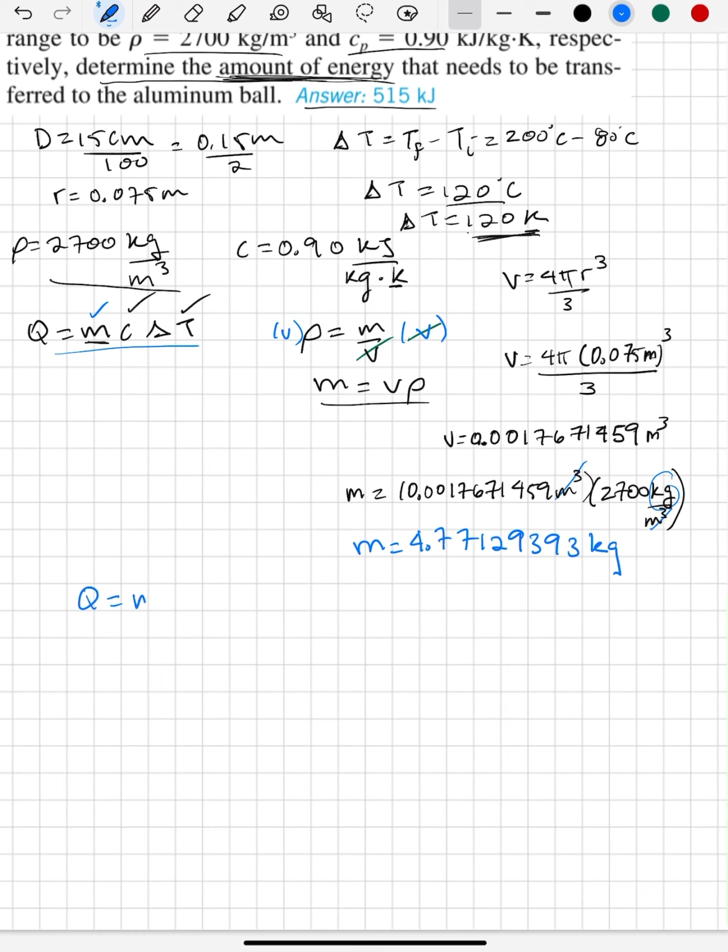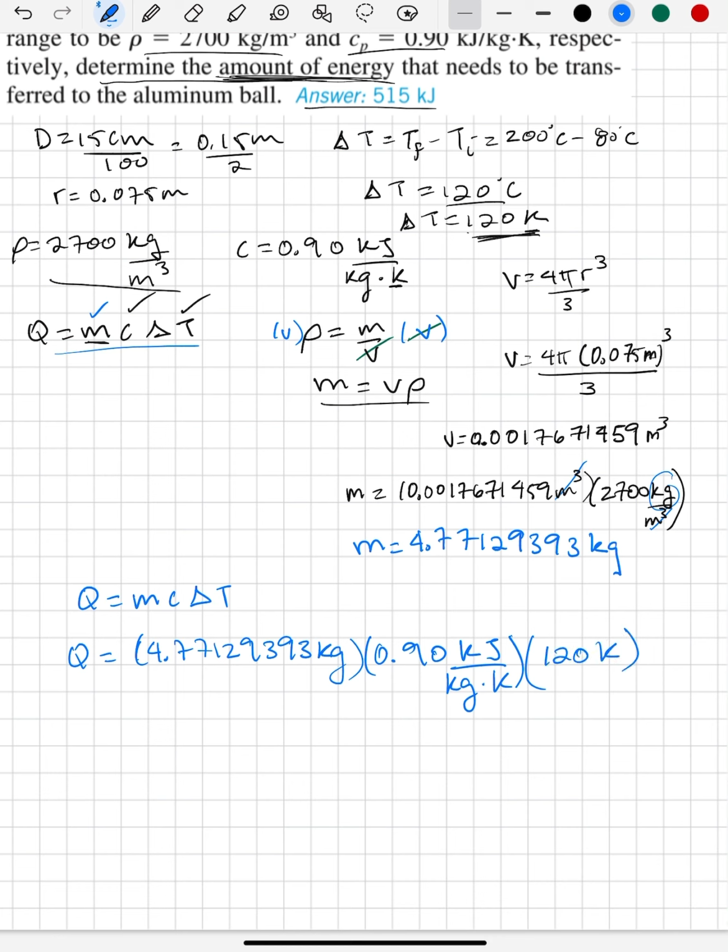Q is equal to mc delta T, or Q is equal to the mass, which is 4.77129393 kilograms, and specific heat, it's 0.90 kilojoules divided by kilograms times kelvins, and change in temperature is 120 kelvins.